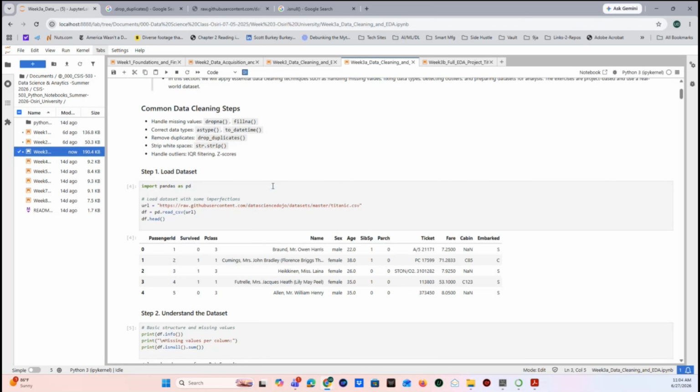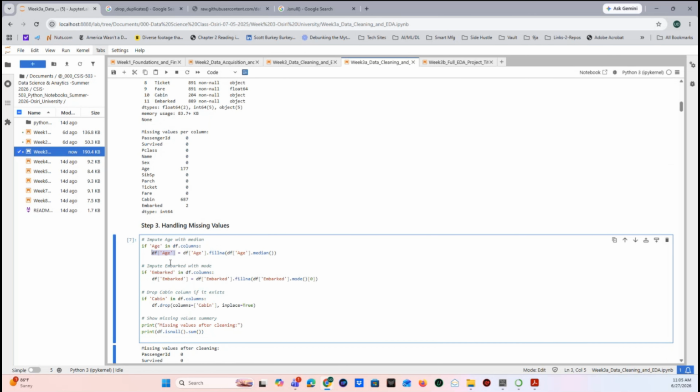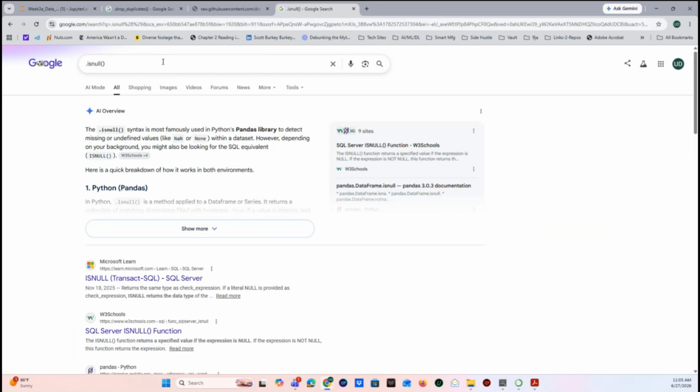I'm essentially setting it equal to df.age.fillna. Remember that fillna helps you fill anywhere you see a missing value. Please fill it in with something, right?